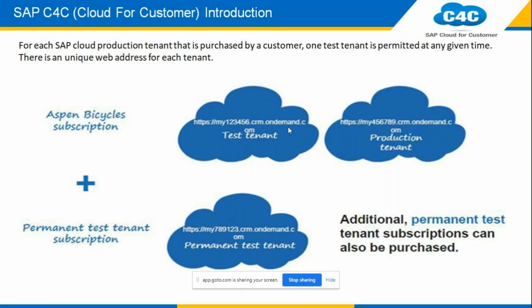They want all three tenants to be synchronized with three different development servers. So in that case, they request to purchase another test tenant. When they purchase another test tenant, that is an additional cost. So SAP charges for a third tenant if the client procures it from them. Clear for sales and service cloud, guys?